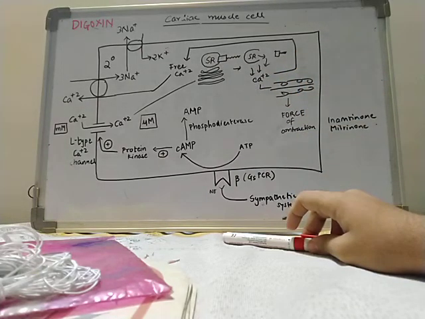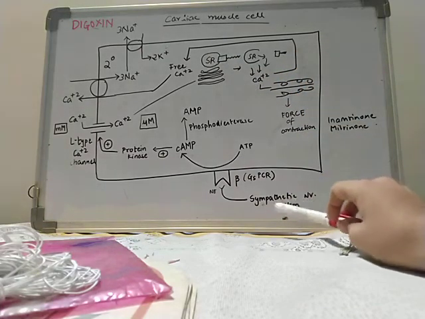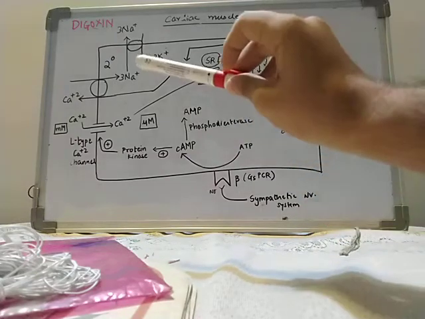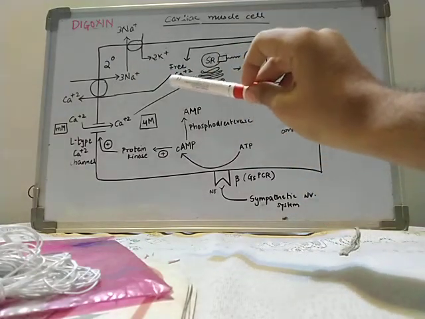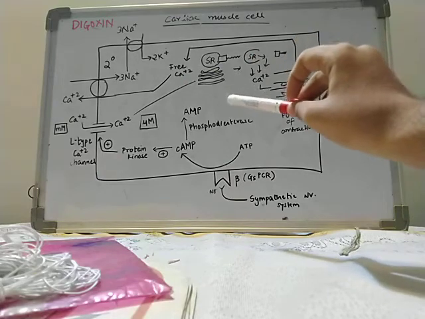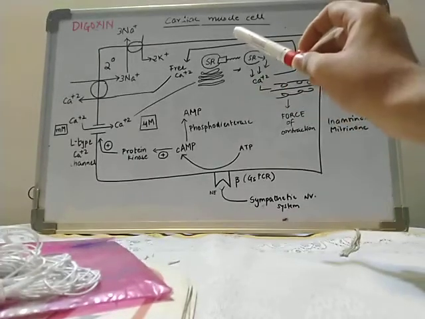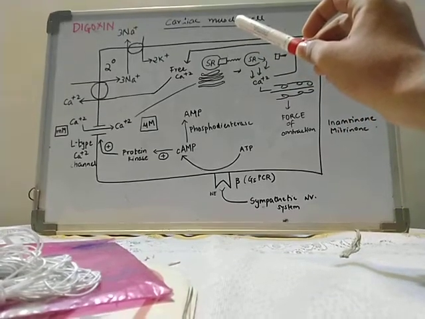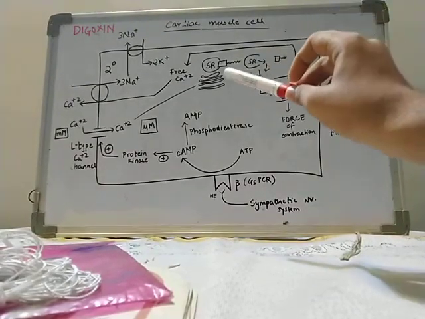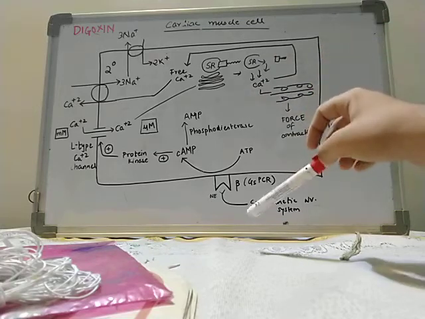Okay, there is a constant sympathetic tone over the heart. Remember that when this calcium comes in, it will go to the sarcoplasmic reticulum. SR stands for sarcoplasmic reticulum. The sarcoplasmic reticulum has ryanodine receptors.